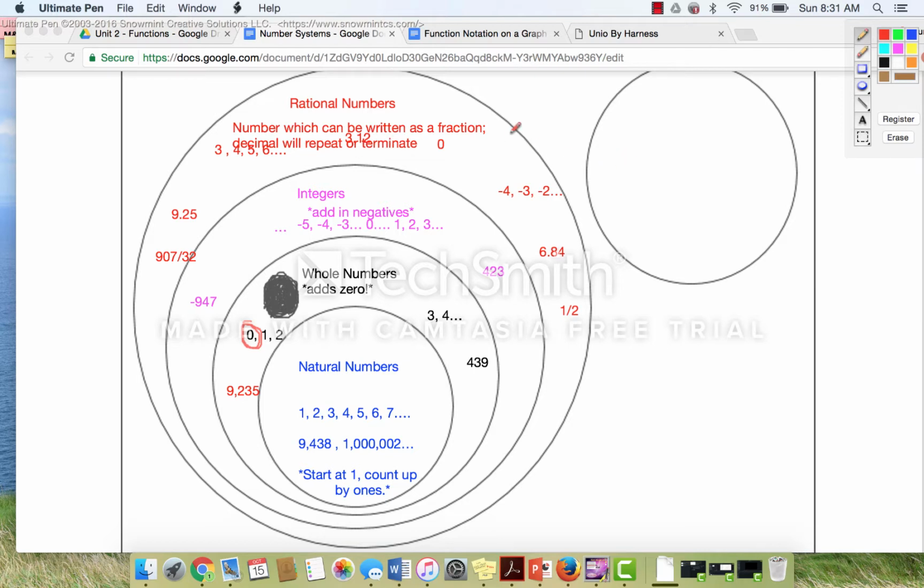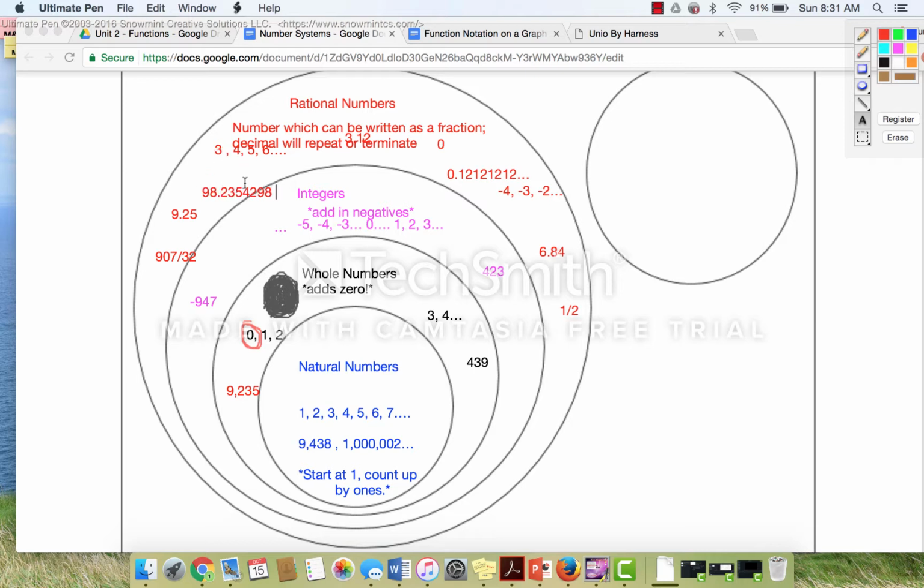All right. So something like 0.12121212... The dots are showing me that it continues on forever, but it's repeating, so this guy would be rational. It would actually be 12/99, in fact, because it can be written as a fraction. Or a decimal like 98.234.